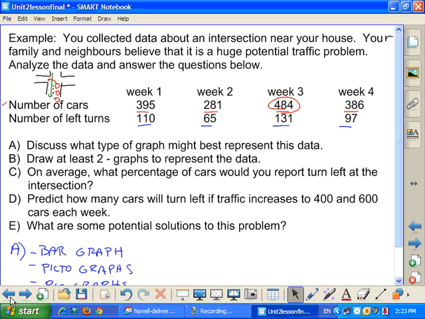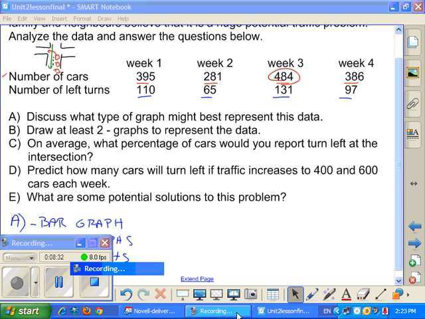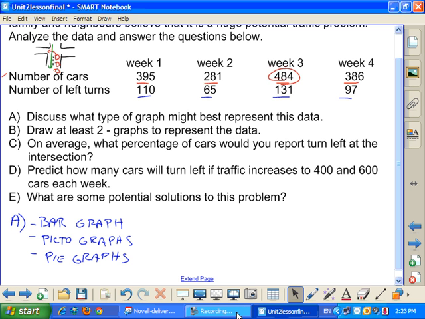So I'm looking at my other graphs, pictograph or pie graphs. When I'm trying to make a decision between the two, there's no right or wrong answer.